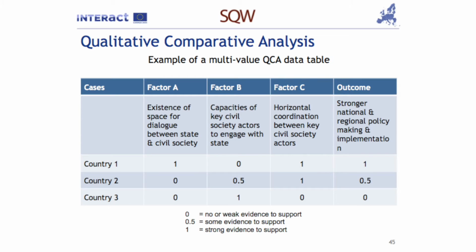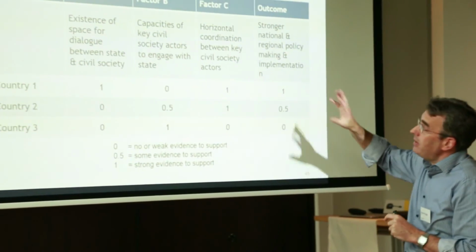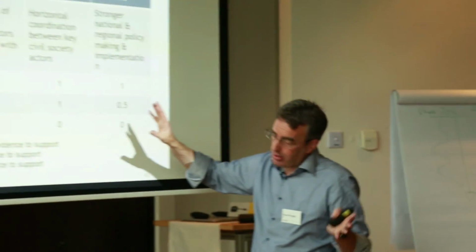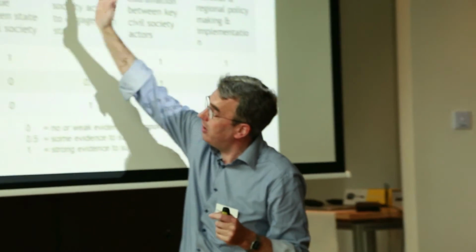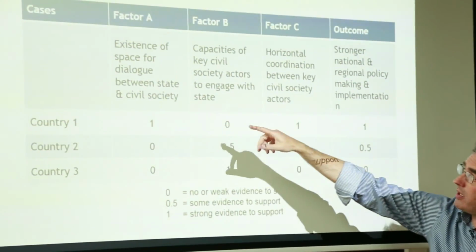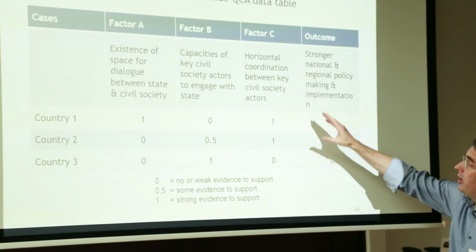So this is just a little example that a colleague of mine was working with recently on an evaluation, and essentially he was defining here for a transnational program, country 1, country 2, country 3, and he, through thinking through his theory of change and then doing some discussions, had identified a set of factors: existence of space for dialogue between state and civil society, capacity of key civil society actors, horizontal coordination.